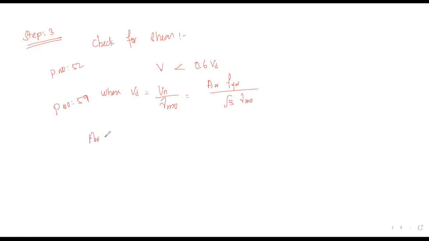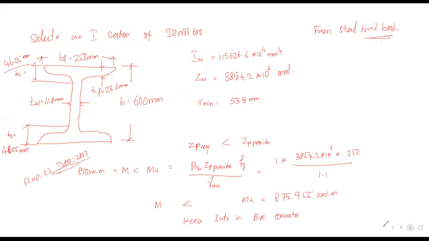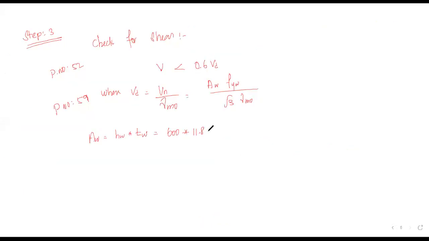The area of web is height of web multiplied with thickness of web. I am going to take the height of web as 600 mm, and the thickness of web from the diagram is 11.8 mm. So the area is equal to 600 into 11.8, which becomes 7080 mm square, and Fy is equal to 250 Newton per mm square, and gamma m naught is equal to 1.1 from table 5.